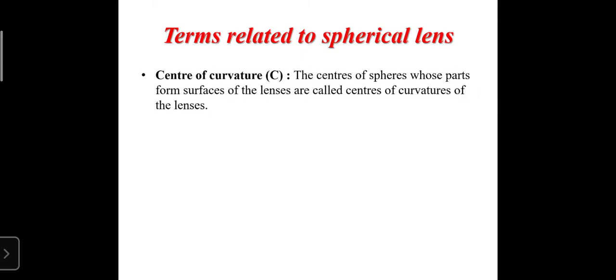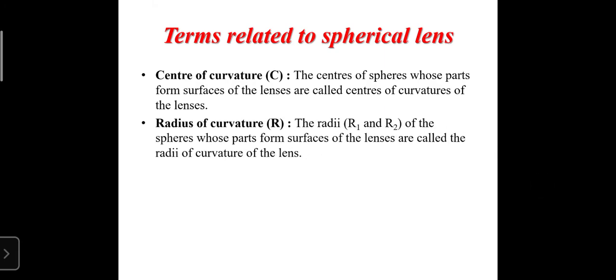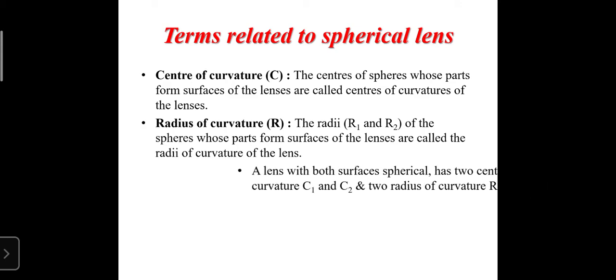Terms related to spherical lens. First is the center of curvature. The centers of the spheres whose parts form the surfaces of the lens are called the centers of curvature of the lens. Radius of curvature: the radii, that is R1 and R2, which we have seen in the previous slide, of the spheres whose parts form the surfaces of the lens are called the radii of curvature of the lens.